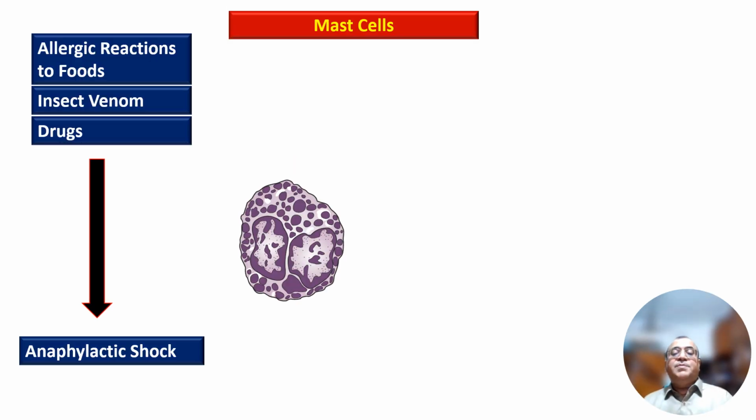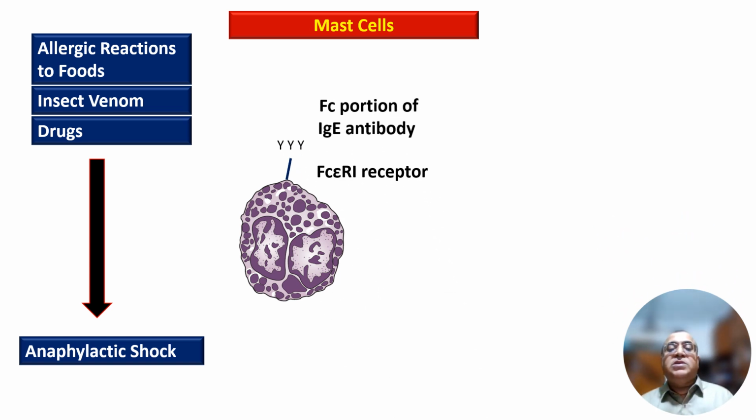Mast cells express Fc epsilon R1 receptor on their surface, and these receptors are receptor for the Fc portion of IgE antibody.